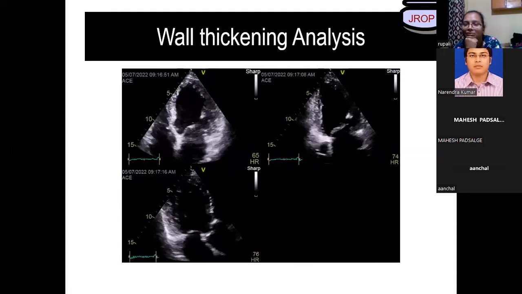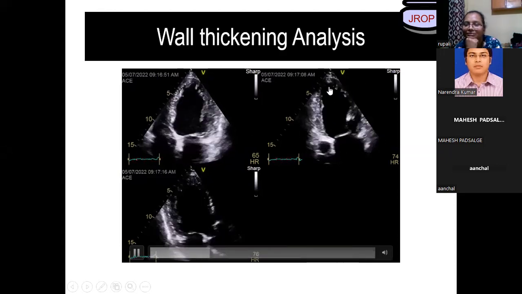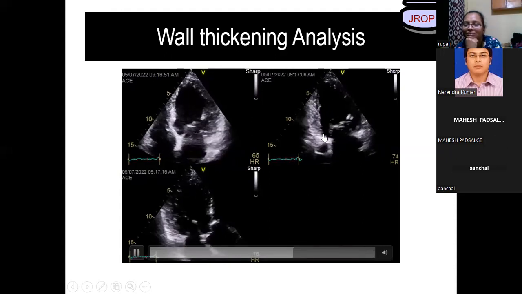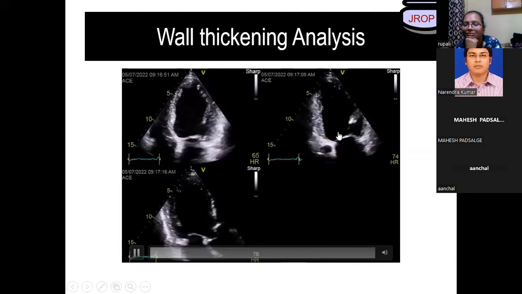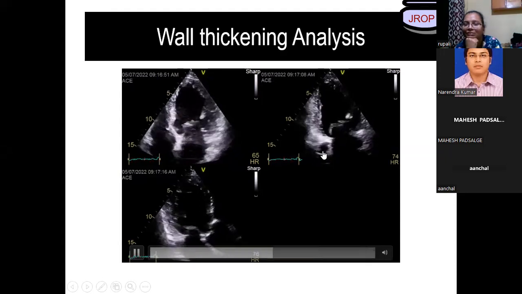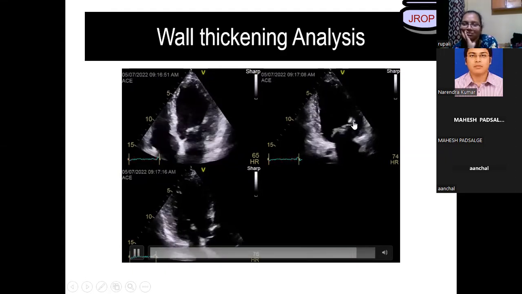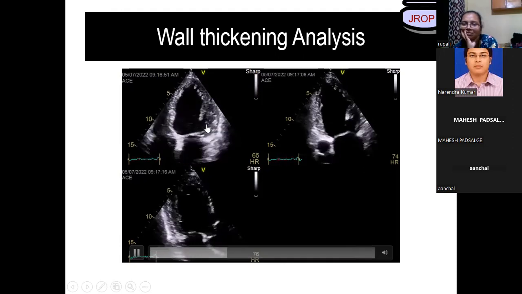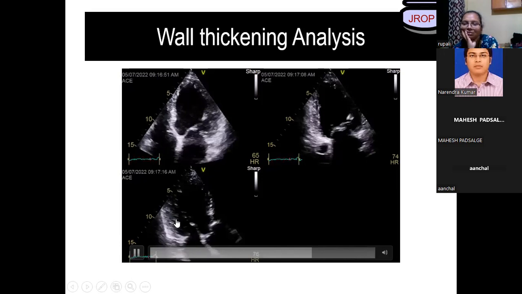Got it? So if you happen to see this kind of a view, this view is not a correctly driven view. This is most probably a cut short section of 5-chamber view where they're rotating the probe from 4-chamber to 2-chamber. They have not done it adequately. And on top of that, they opened up the aorta. So this is still lateral wall. We have a papillary muscle. Remember 2 basic things. Whenever you look at a view, always look at the papillary muscle. Lateral wall will have a lateral papillary muscle and the inferior wall will have an inferior papillary muscle.